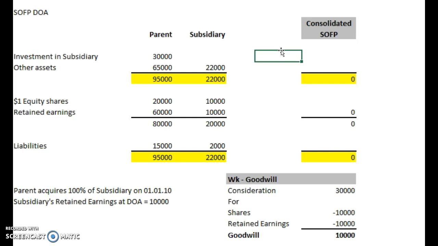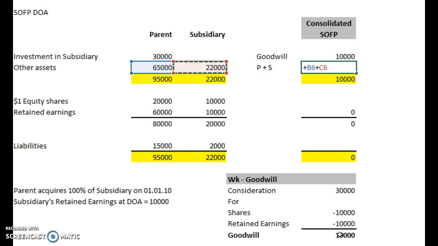It's an intangible asset, but we can put it in here, Goodwill, £10,000. The rest of the balance sheet is just as normal. We add across, so this is parent plus subsidiary. 65 plus 22 is 87, gives us 97,000.